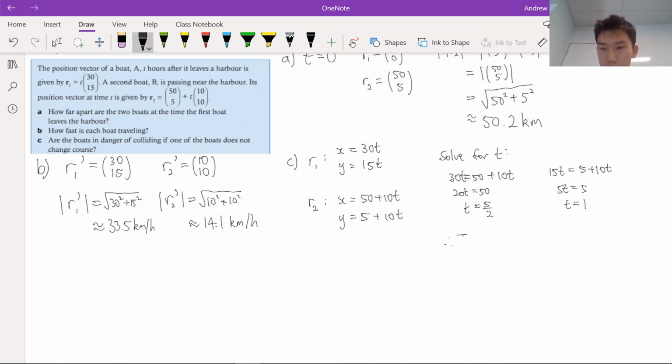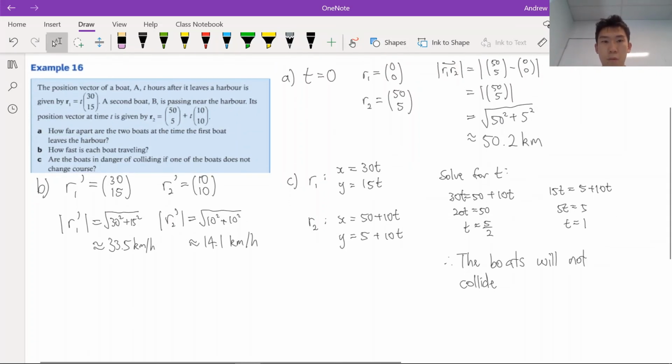Therefore the boats will not collide. All right, so that's an example of a bit more of an application question with vector equations.